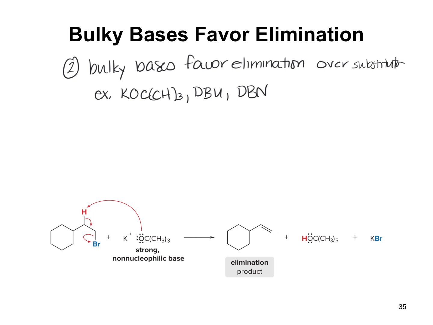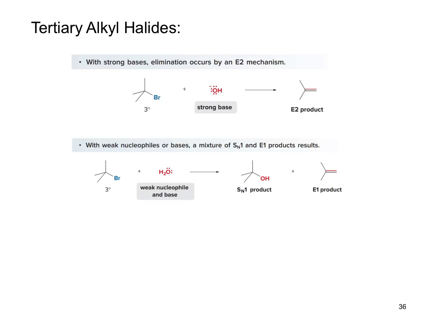Now, there's other criteria that we rely on, including classifying the alkyl halide as primary, secondary, or tertiary. And so you need to go back and review those and remember whether secondary, tertiary, or primary favor SN1 over SN2 or E1 over E2. Now, let's review that a little bit, right?